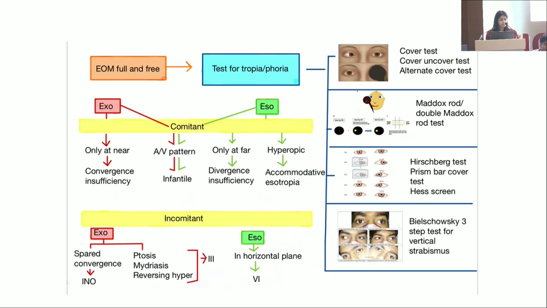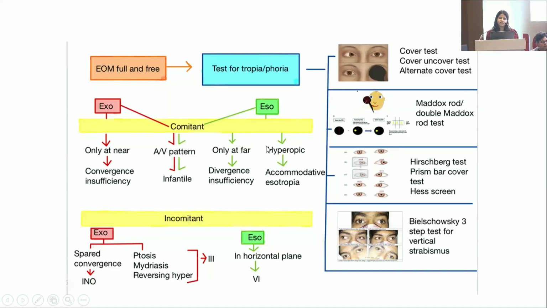But if the EOM is full and free, we should not stop. We should test for tropias and phorias by the various battery of tests, that is the cover test, Maddox rod test, Hirschberg test, prism bar cover test, to quantify the deviation. If it is comitant, both for esotropia and exotropia, and associated with A and V patterns, it signifies infantile strabismus. But if exotropia is present only at near, then it indicates convergence insufficiency, and only at far, divergence insufficiency.